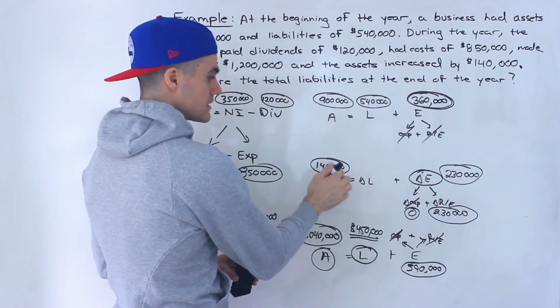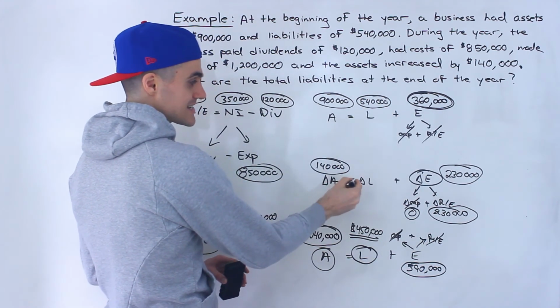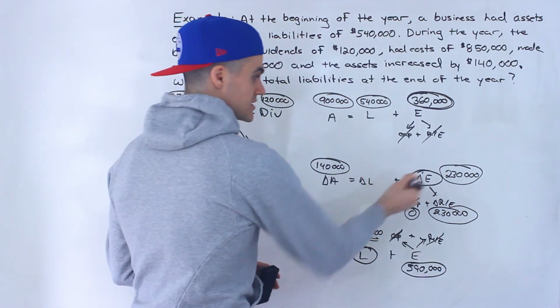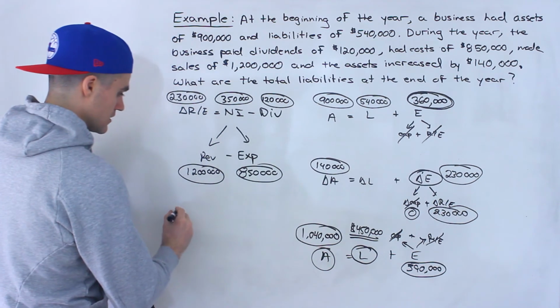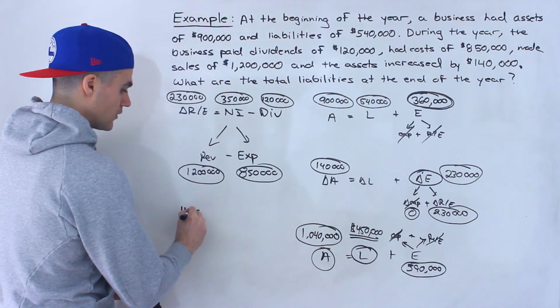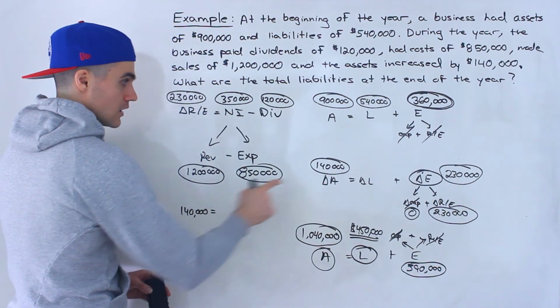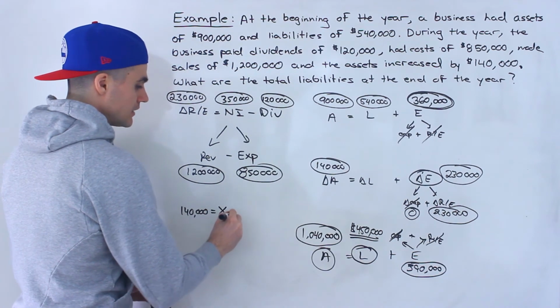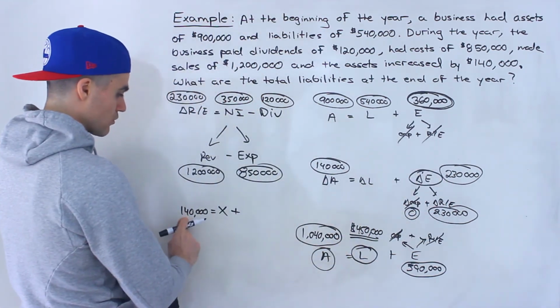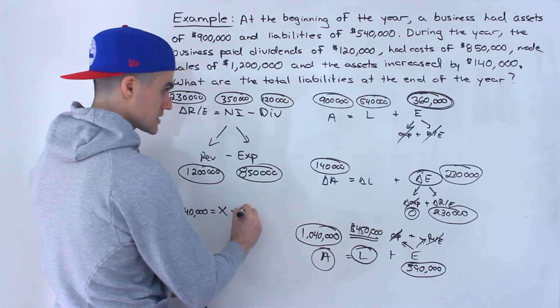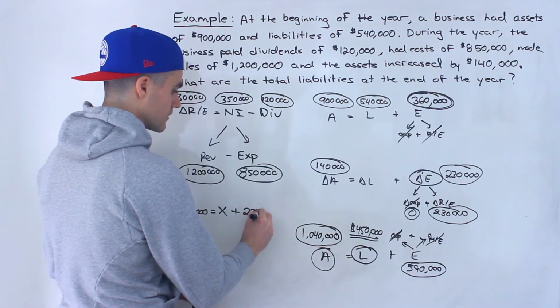Another way you can do it is notice that the change in assets has to equal the change in liabilities plus the change in equity. And so if we know the change in assets, it increased by 140,000, we could figure out what the change in liabilities is, because we also have the change in equity, which we figured out. So this equals this plus the 230,000.